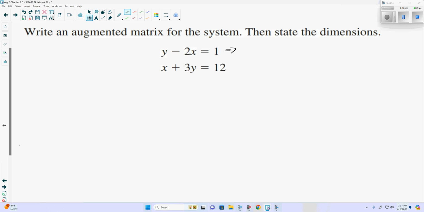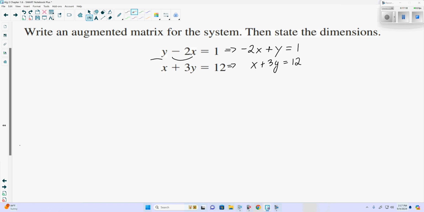In the first one, the y and x are switched, yes? So our x is what? Negative 2x. So we'll put it first. Then we have a positive 1y, equal to 1. Now, we didn't have to do anything to the second equation, so I just moved it over so that they are lined up.